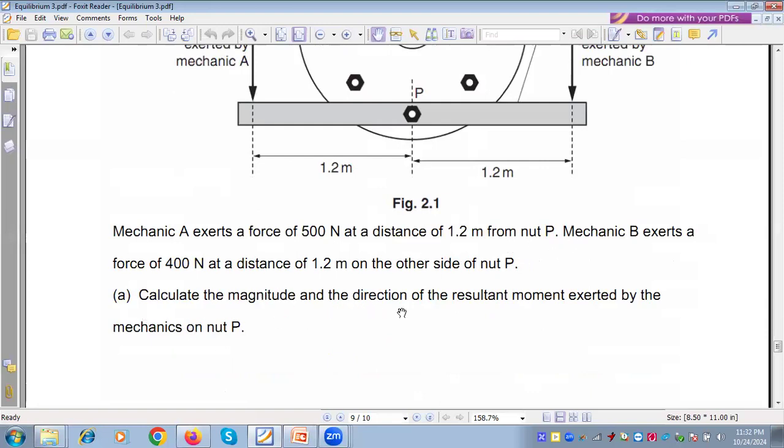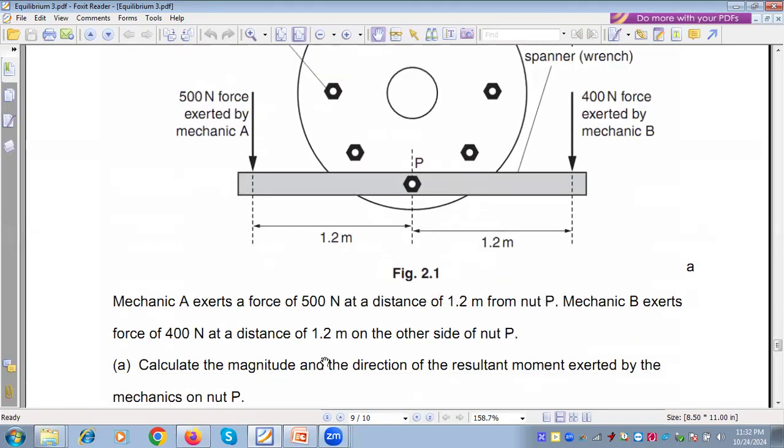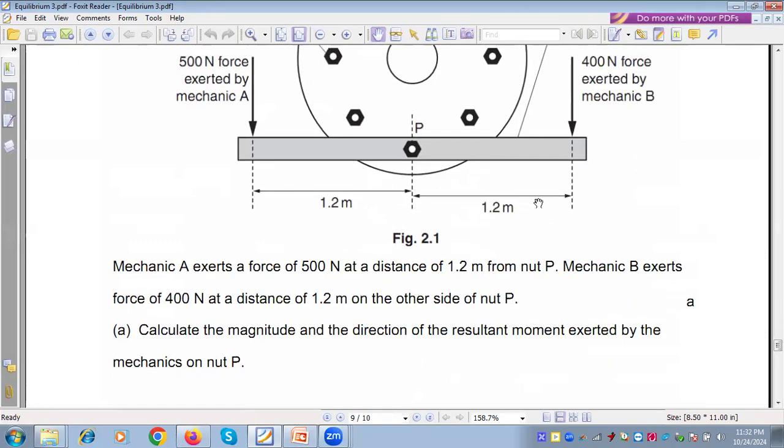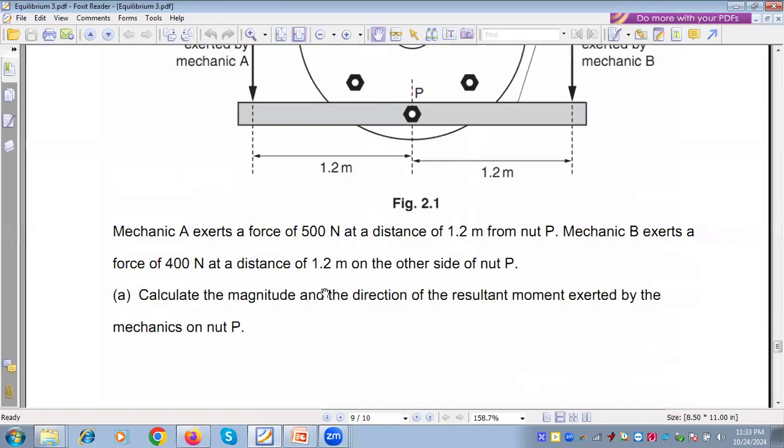Calculate the magnitude and direction of the resultant moment exerted by the mechanics on the nut P. Since one is clockwise and the other anti-clockwise, the resultant moment has to be calculated by what?